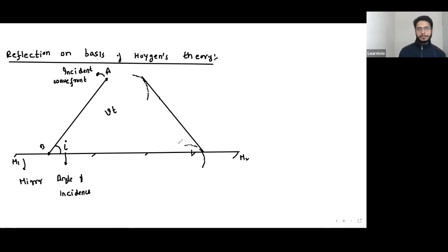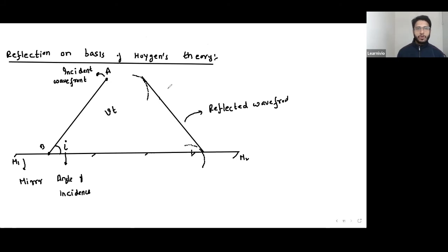This is second. The radius of both the arcs is the same because the medium is not changing, the medium is the same. Next, we can draw rays. So this is your reflected wavefront.